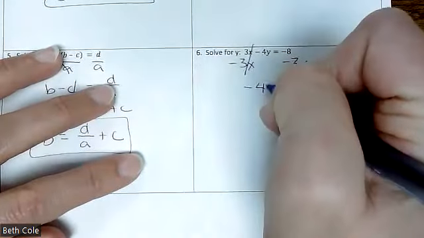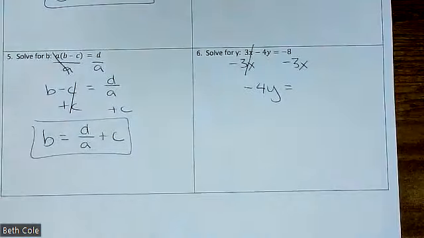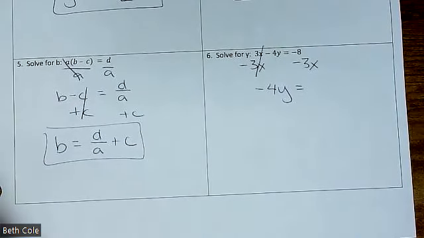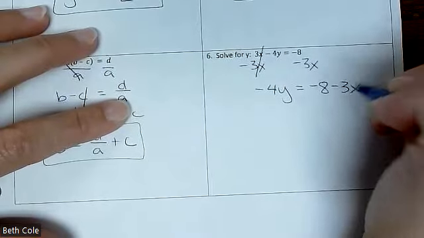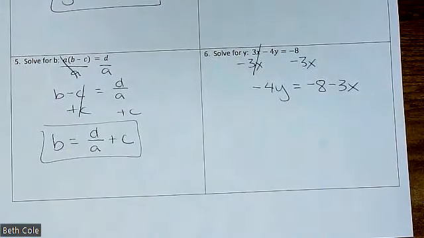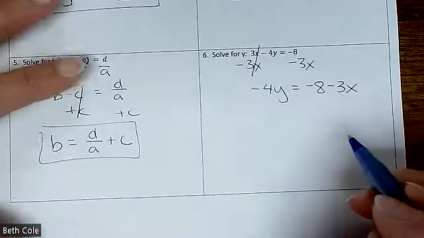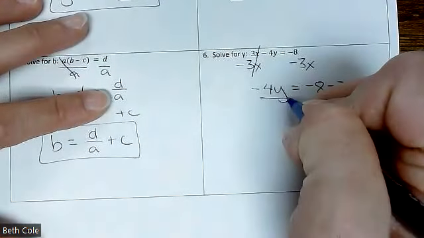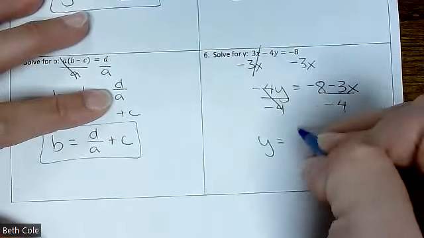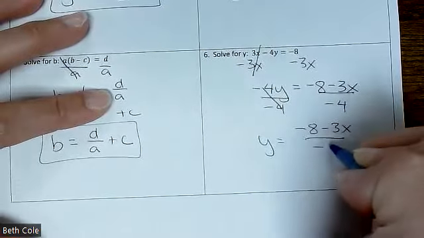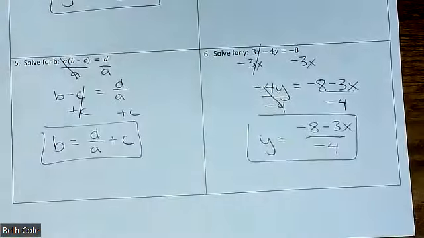So you get negative 4y equals what? Good, negative 8 minus 3x. Remember to do nothing. Just do nothing, right? And then what's your last step? Divide by negative 4. And so you get y equals literally just all of that. Do nothing. You have to copy it over, which is annoying, but you'll be okay.